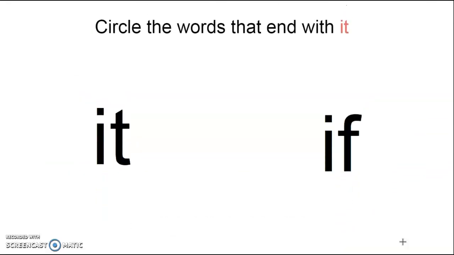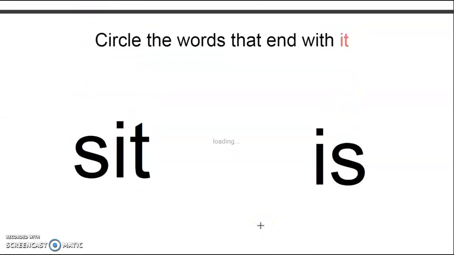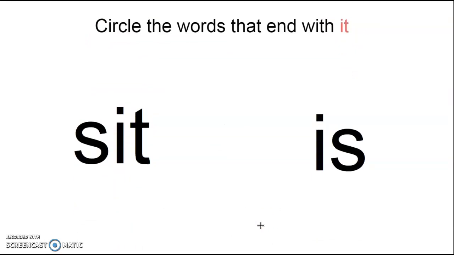Now, let's circle the word that ends with IT. IT spells it. We have IT, it, or IF, if. Point to the word that ends with it. If you pointed to the word on the left side with IT, you are correct. Great job. This time, I still want you to circle the word.